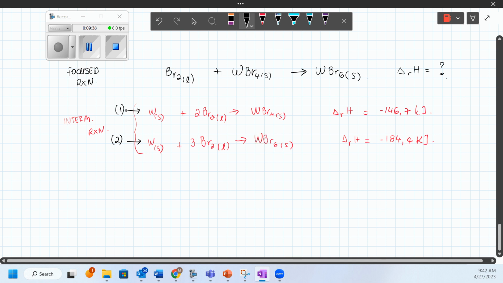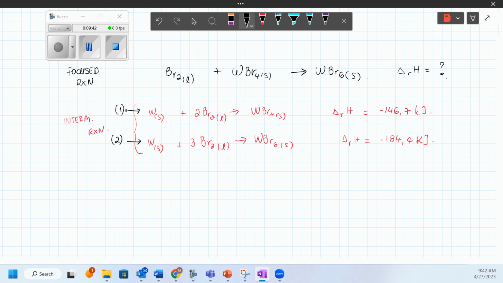So what do you have to do when you are manipulating those intermediate reactions? You have to take them one by one, first of all, and then you have to say, what should I do? Are the products on the product side, are the reactants on the reactant side, or should I flip it?